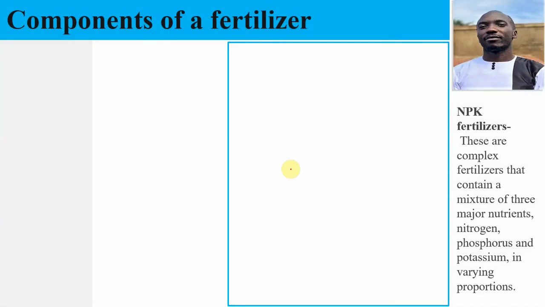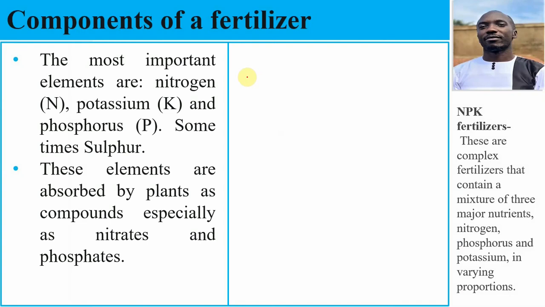Let's continue. Let's look at some of the components of a fertilizer. Most of them, as I said, the most important elements are nitrogen, which is symbolized by N, potassium, which is K, and phosphorus, which is P. And sometimes these fertilizers contain sulfur, but the major elements are nitrogen, phosphorus, and potassium.